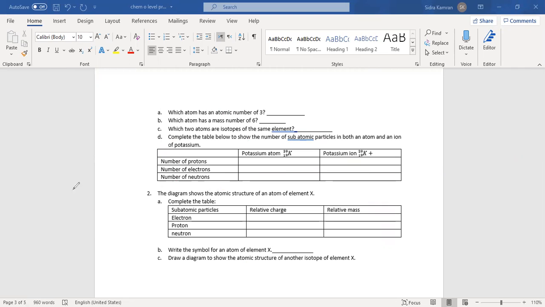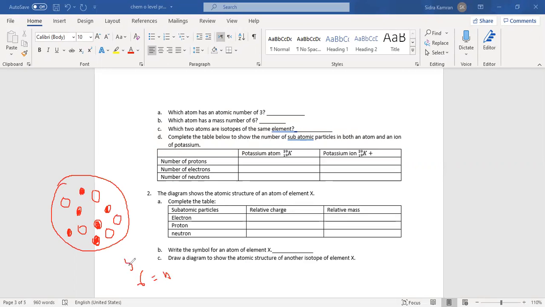These bold ones are neutrons: 1, 2, 3, 4, 5, 6, six neutrons, and 5 protons: 1, 2, 3, 4, 5.